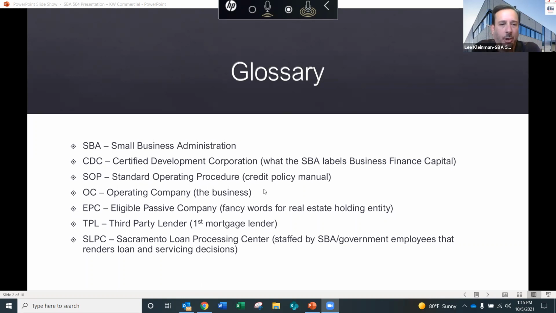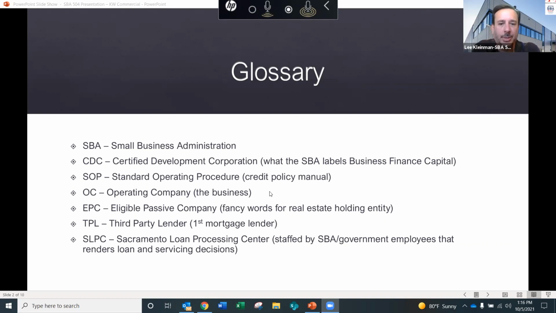TPL stands for third party lender or first mortgage lender, because there's a 50% first mortgage lender, and then I come in as a direct lender with a 40% SBA second mortgage. I referenced the San Jose Loan Center. It's actually called the SLPC, Sacramento Loan Processing Center.